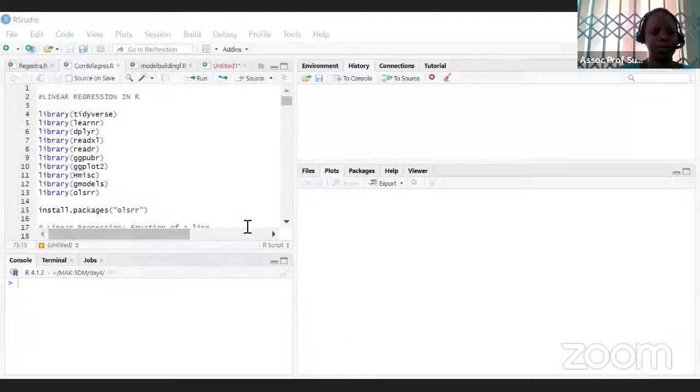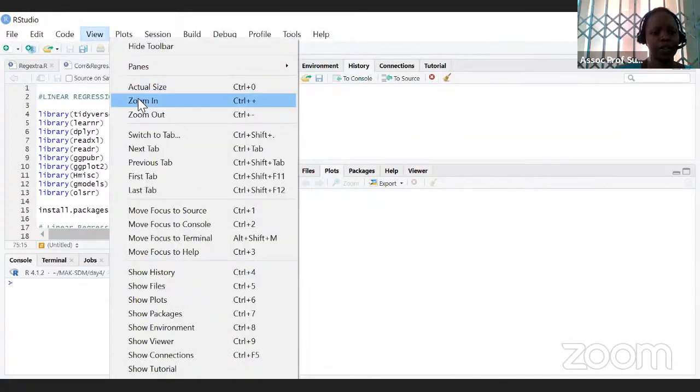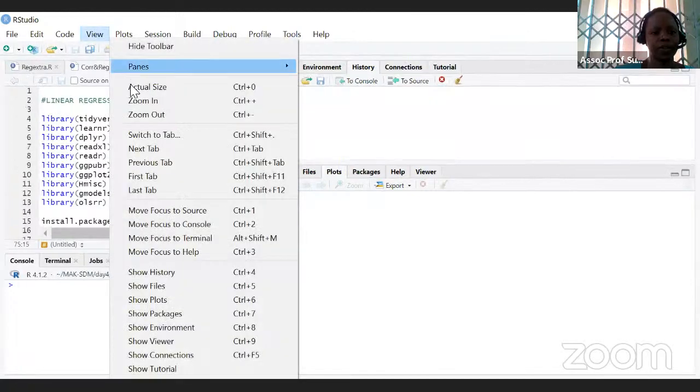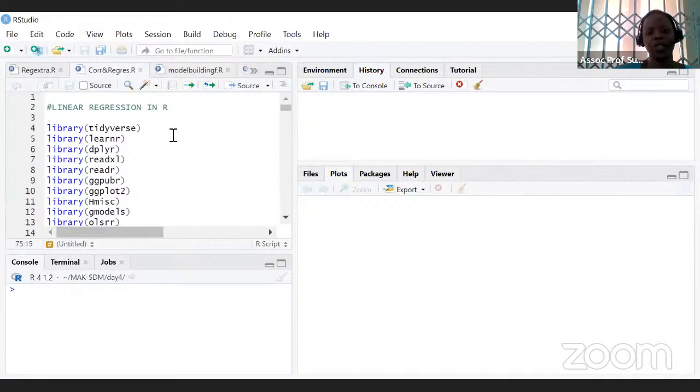Some people need to download information. You can repost it again. Okay, in the chat, has everybody opened their R script? The Google link has been posted in the chat. Please post it also in the Q&A.